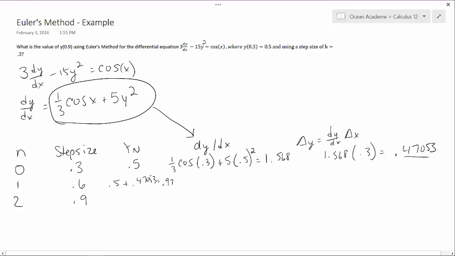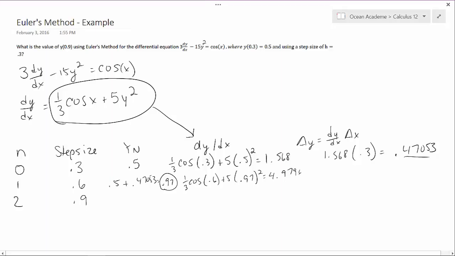Now again, we have our dy over dx, so we have 1/3 cos, and this time we're putting in 0.6, plus 5 times 0.97 from here, squared. Putting that into our calculator, we get a value of 4.9796.